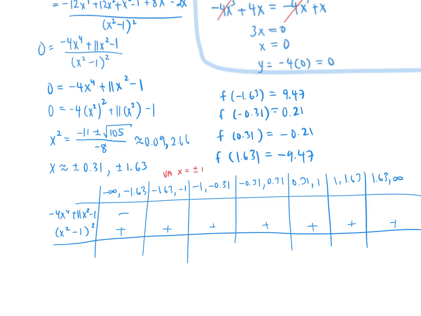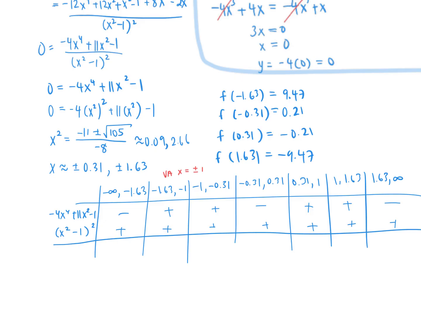If I pick negative 1.1, I'll get a positive. For the next interval, maybe negative 0.5, I'll also get a positive. If I pick 0, I'll get negative. If I pick 0.5, I'll get a positive. If I pick 1.5, positive. If I pick 2, negative.